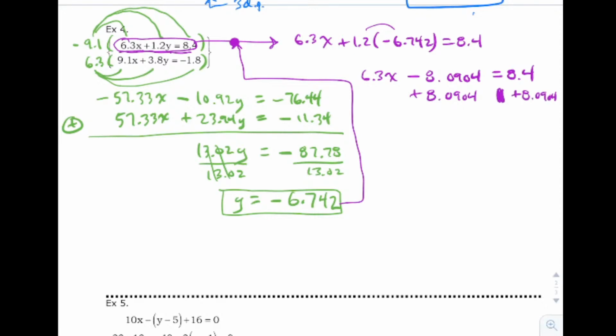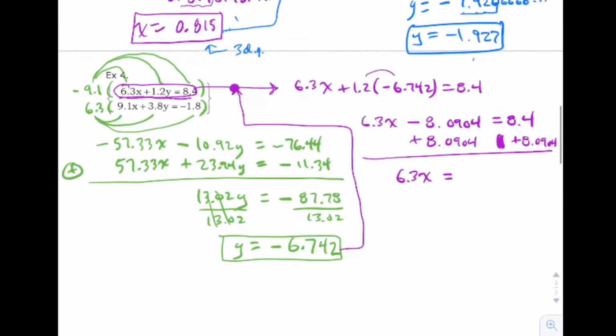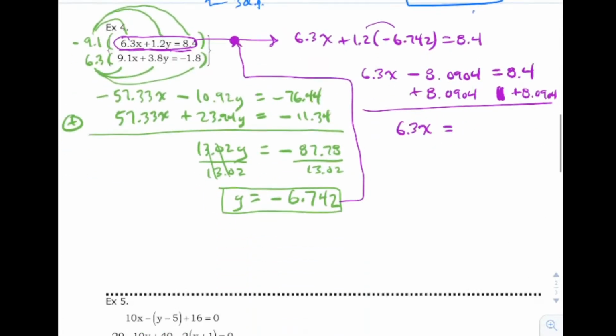So I'm adding the 8.094 on both sides. I'll still have my 6.3x on the left. Those go away. And over here, 8.4, if you add that, you've got a 16.4904. Lastly, look at your x. It's got a 6.3 on it, so I have to shove a 6.3 underneath both sides.